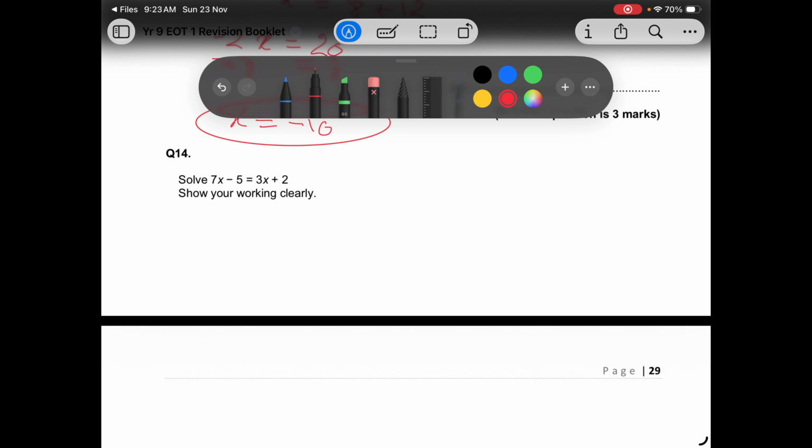Okay, here solve, show your working, okay, clearly. So here, guys, I will collect all x's to one side, so I have 7x minus 3x because of shifting this to this side, and I will shift 5 to the other side as well. So it will be here 2 minus 5.